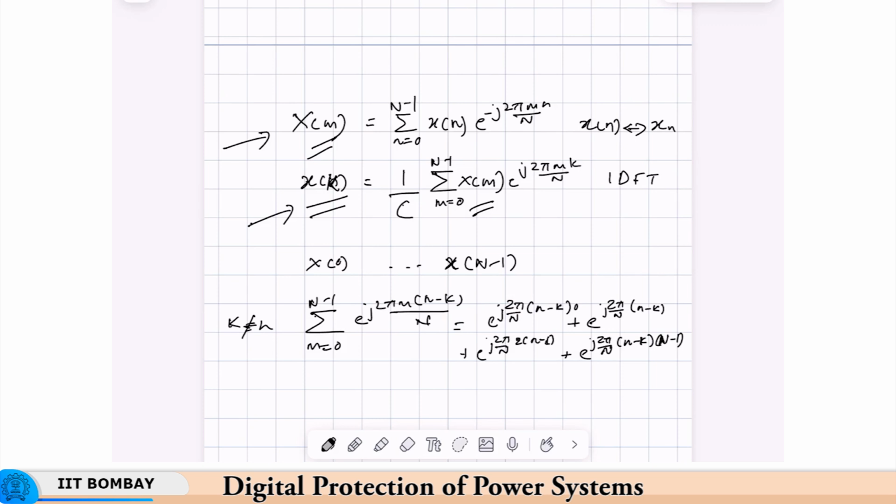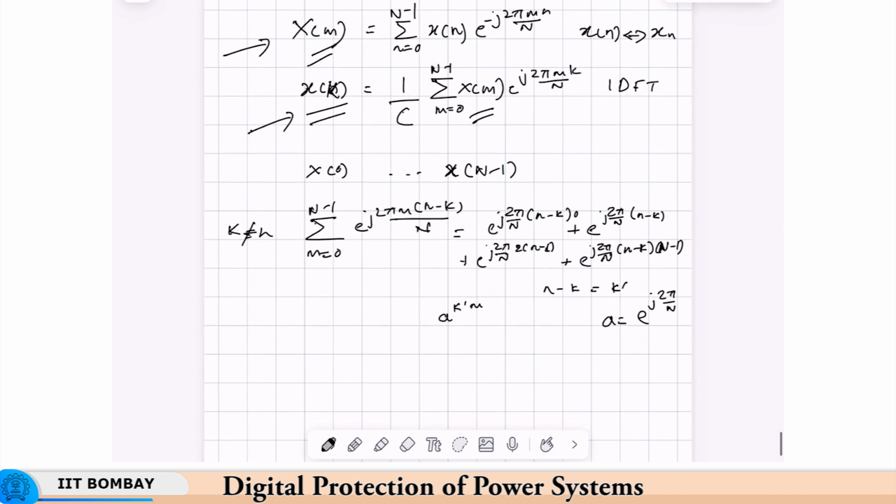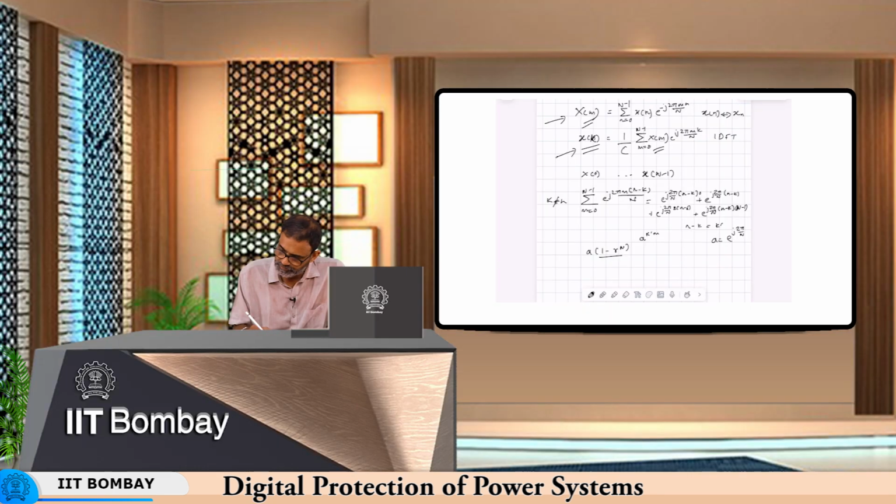Okay. Now, if you substitute say n minus k as k dash, okay. So, you will get the form a raised to k dash m, where a is of course e raised to j 2 pi by n. Now, this you can easily see is the form of a geometric series and the sum evaluates to 1 minus r to the n upon 1 minus r. Now, what is this?